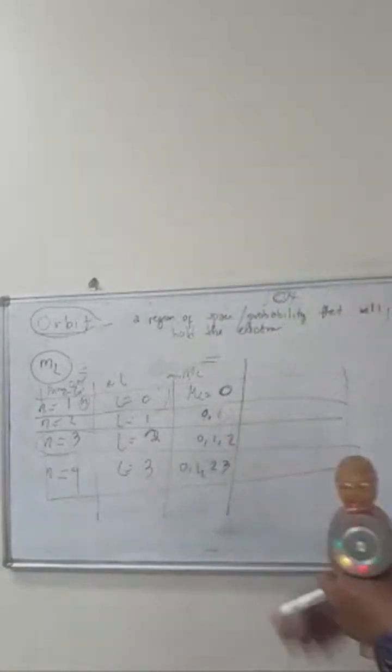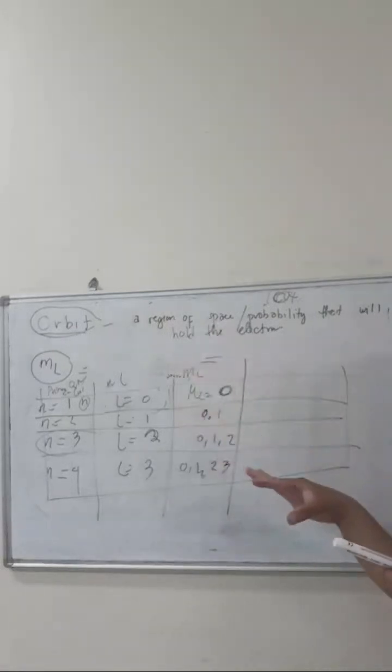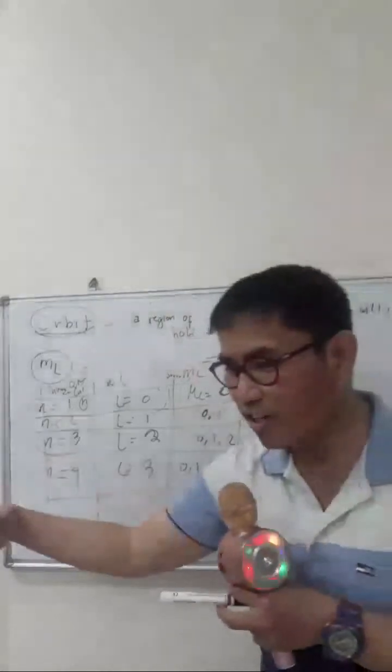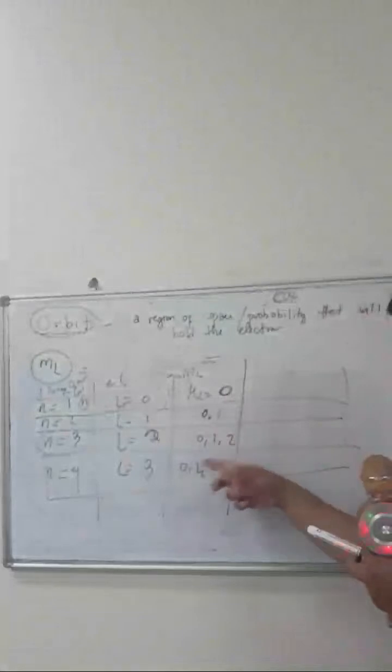You get the point? Since in ML you need to determine how many orbitals are in there. Remember that the orbitals in each sublevel would not mean only positive values, because they will go the other way around, the opposite direction. And these are all positive: 0, 1; 0, 1, 2; 0, 1, 2, 3. You got the point?